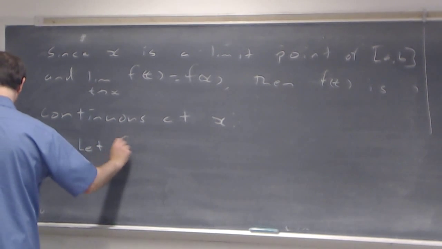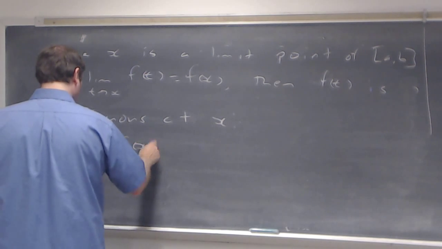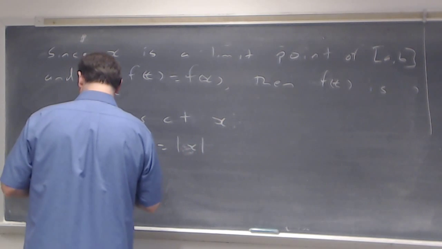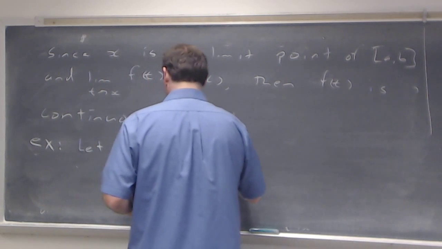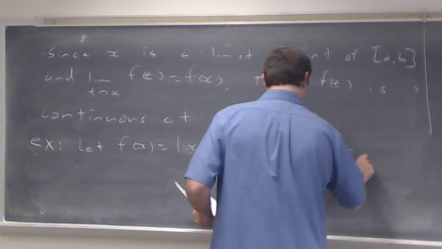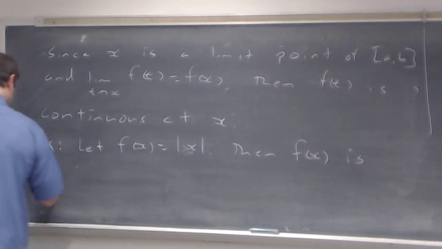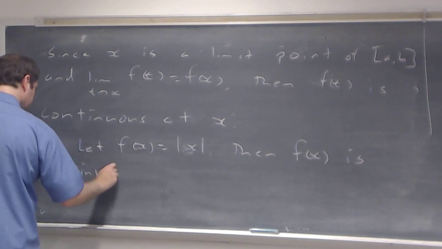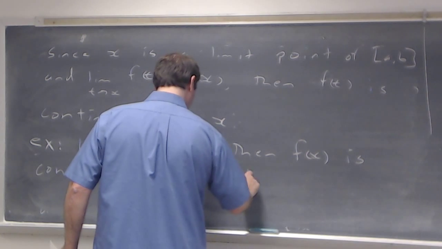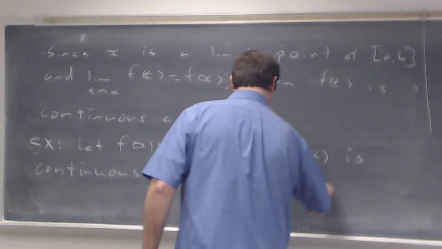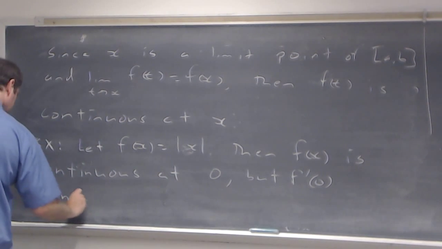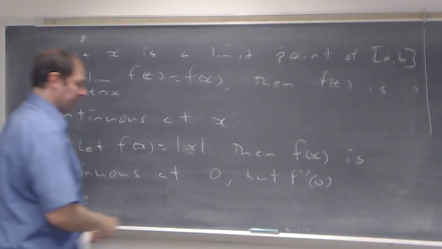If we let f of x be equal to the absolute value of x, then f of x is continuous at 0, but f prime of 0 does not exist. And I will prove that.